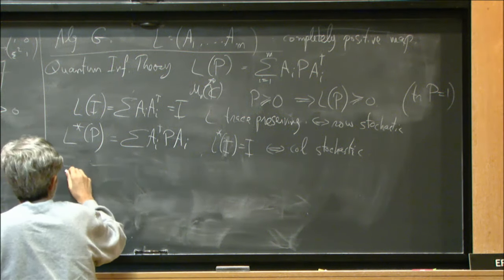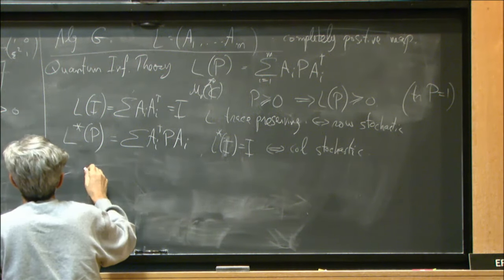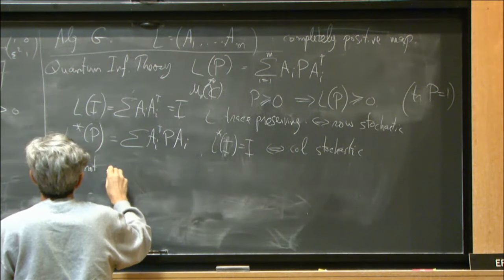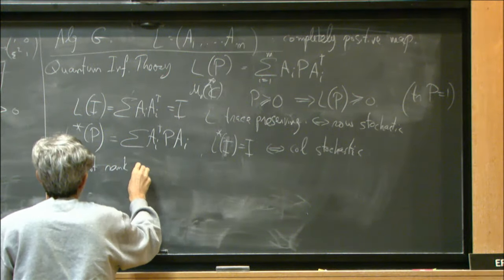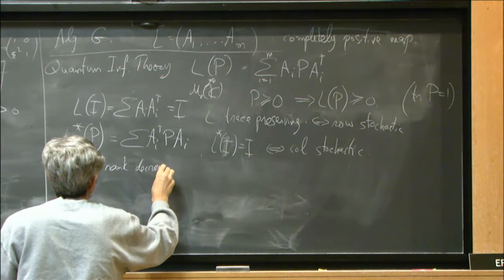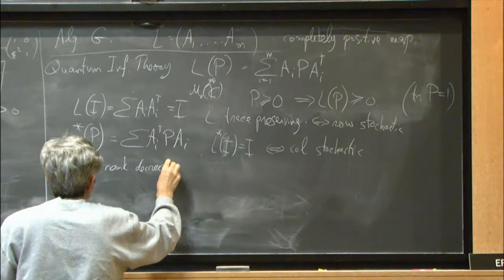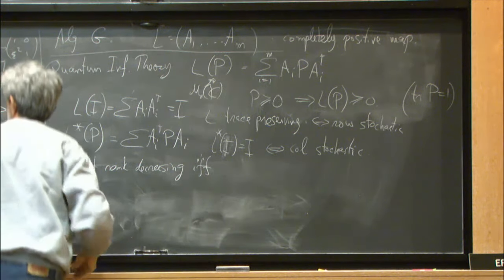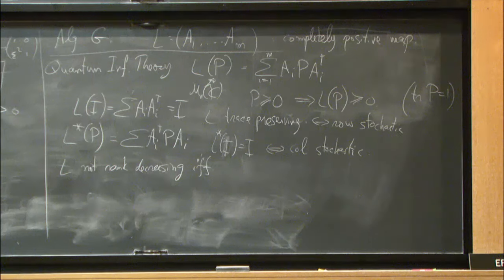So what it proves is the same as here. L is not rank decreasing if it can be scaled, like here, to be doubly stochastic, or really almost doubly stochastic, just exactly the same.